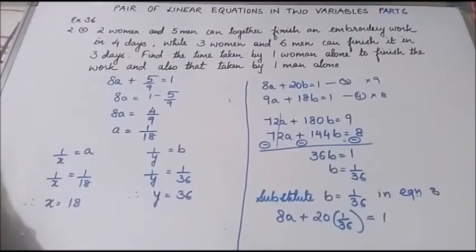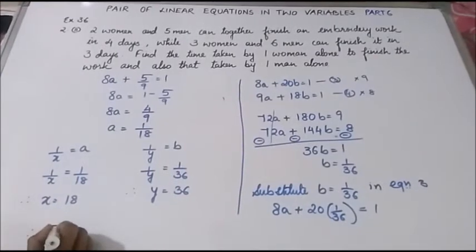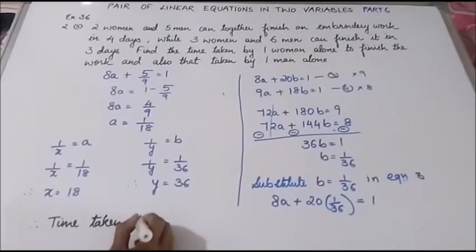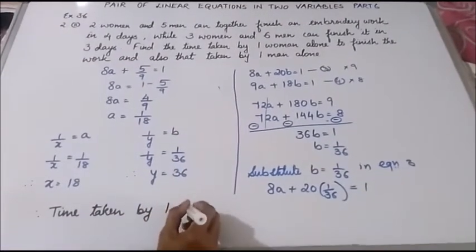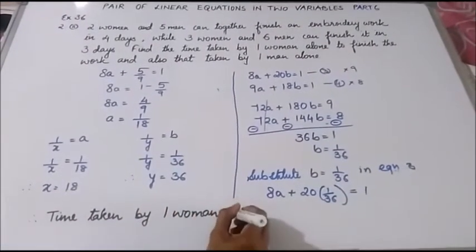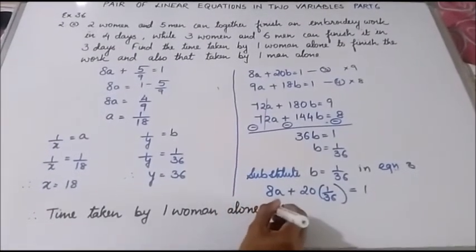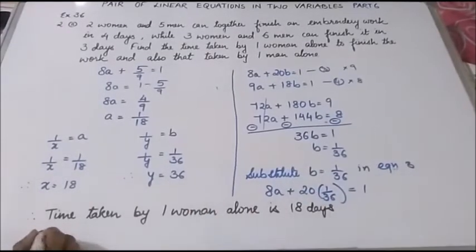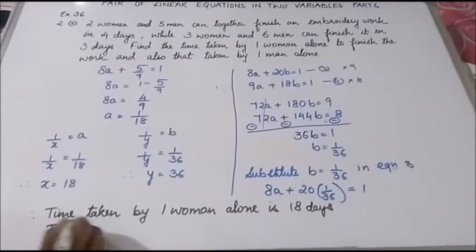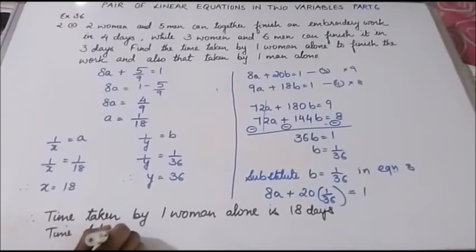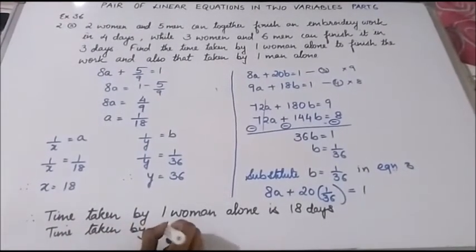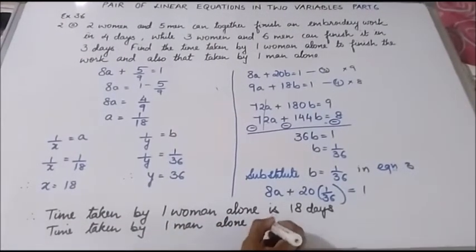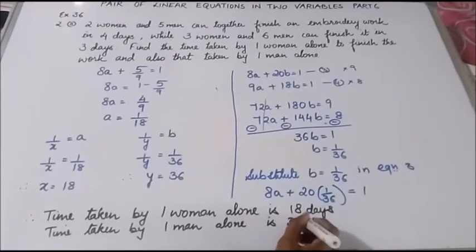Now the last statement we will write is, therefore time taken by one woman alone to complete the work is 18 days, and time taken by one man alone to complete the work is 36 days.